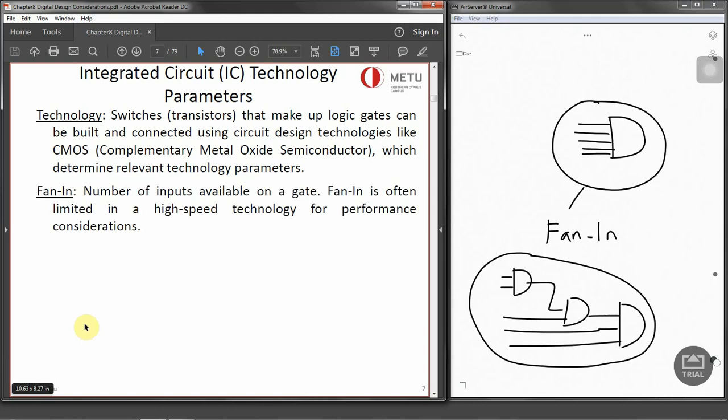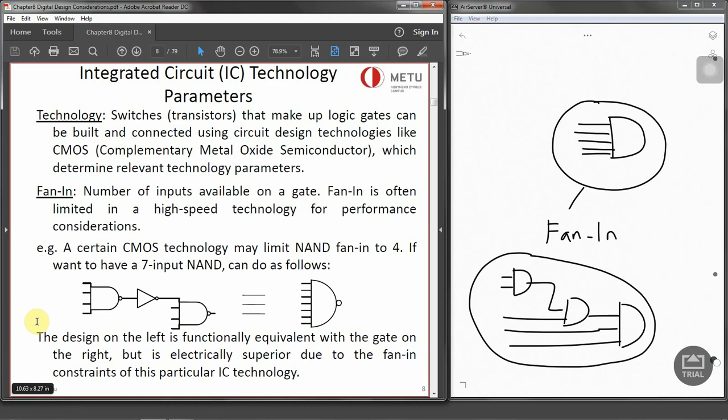So this issue is known as fan-in, and when we consider digital design, we have to be careful with the fan-in side of it. It affects the speed, so we need to be careful. A certain CMOS technology may limit NAND fan-in to 4.